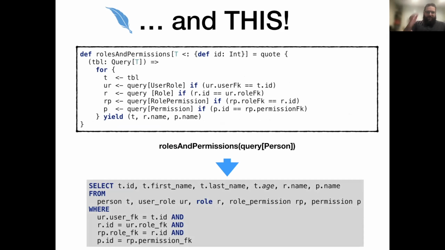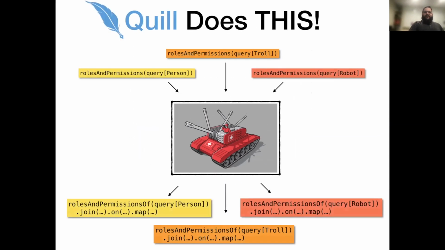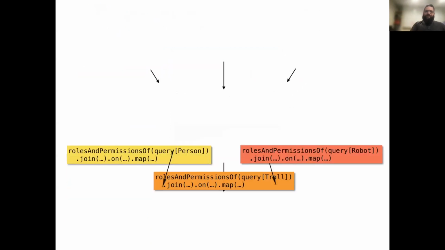And by the way, we can also do implicit queries. If you just use ifs, this is an implicit query. So essentially Quill is like your SQL Swiss Army knife. You compose, and then out come your compositions.